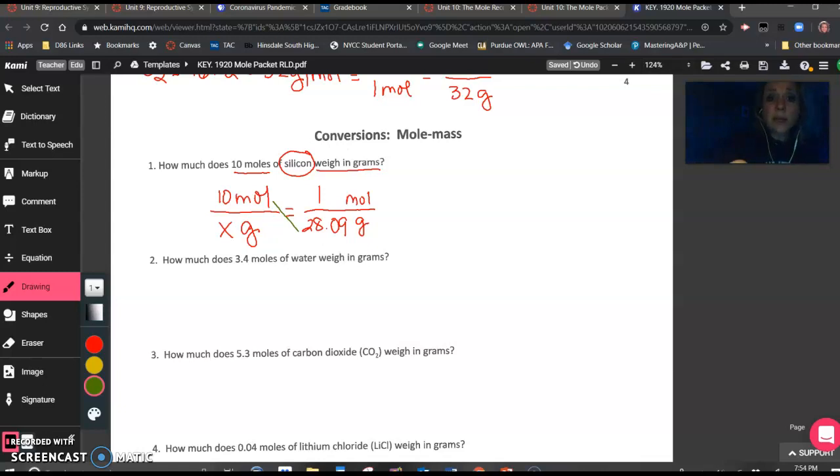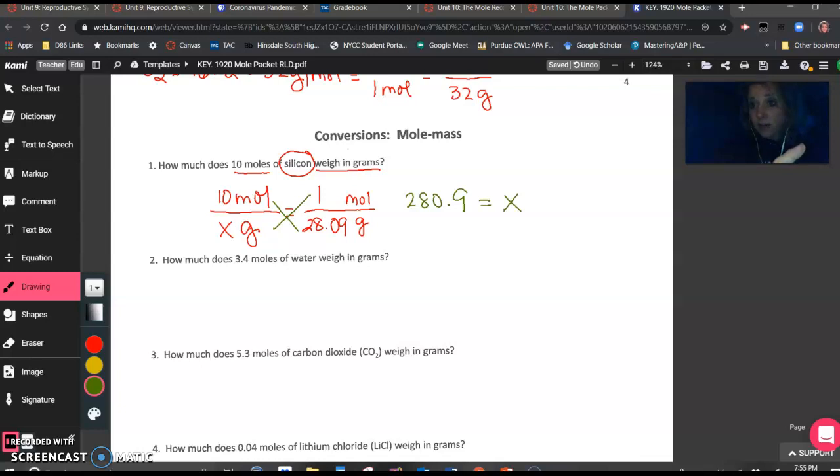But 28.09 times 10 is simply 280.9. And that's going to be equal to my second side that I have to cross multiply, 1 times x. So that's equal to just x, right? Because we don't need to write the 1 next to the x. So here we are. This is my answer. I've got x on one side and it's isolated. There's no number associated with it. And it's equal to 280.9.